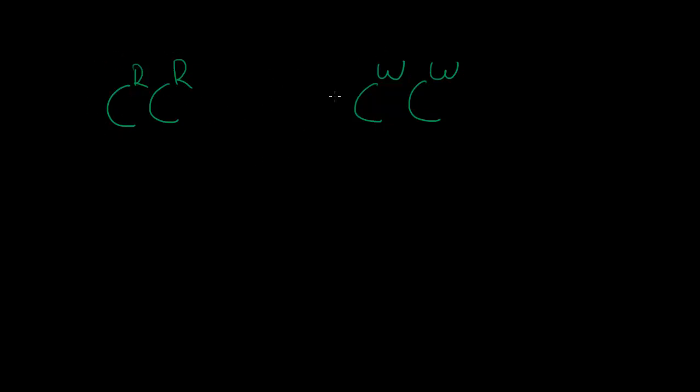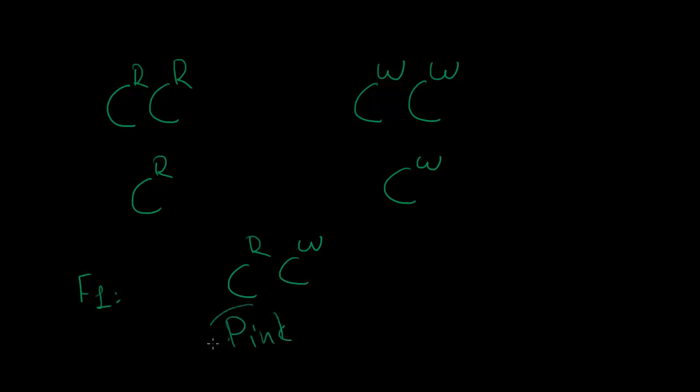This stands for red color, this stands for white color. The gametes here will be CR, the gametes here will be CW, so the F1 will always be CRCW. So it means that all of the F1 offspring will have a pink color. So all of the offspring will be heterozygous.